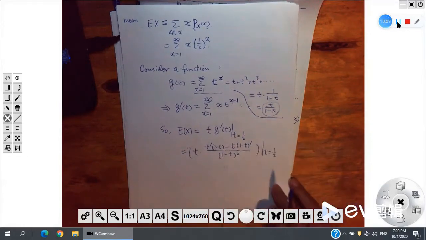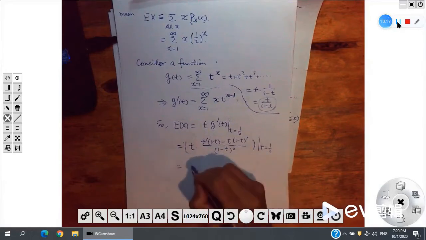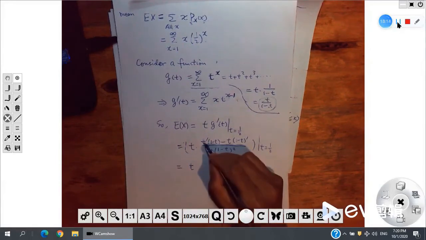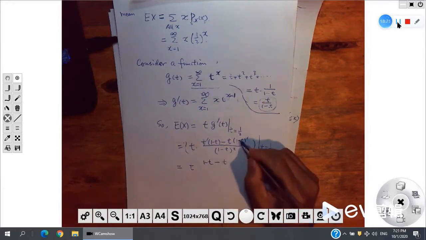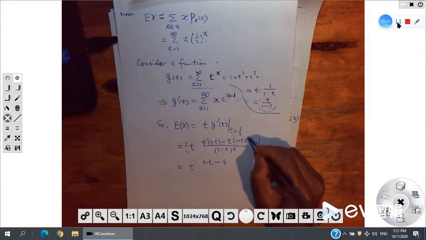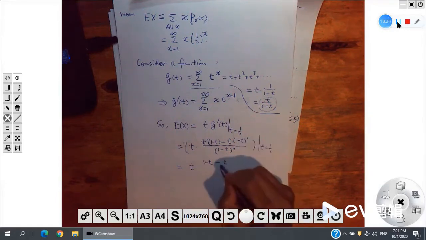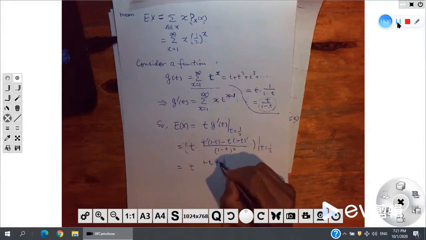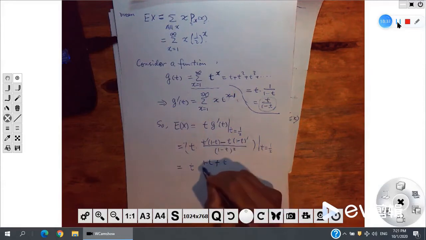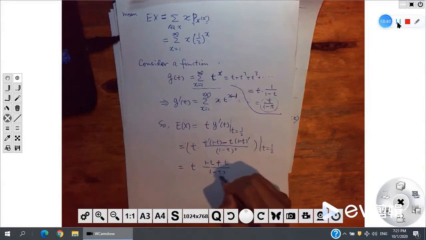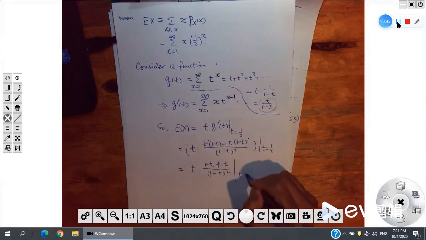Okay, now we can have the result. The derivative of t is just 1. So this is 1 minus t, and then minus t times the derivative of 1 minus t, which is negative 1. So here should be plus: minus t times negative 1, the negative turns positive, right? Over 1 minus t squared, and t will be 1/2.